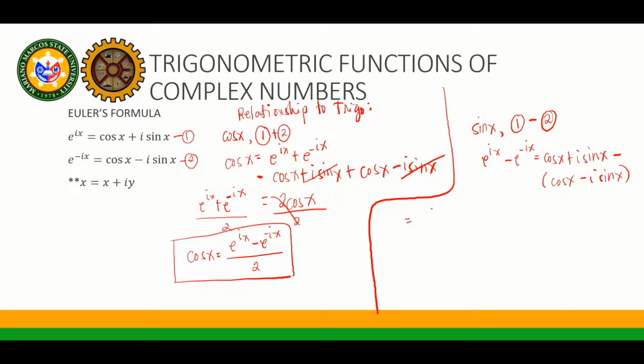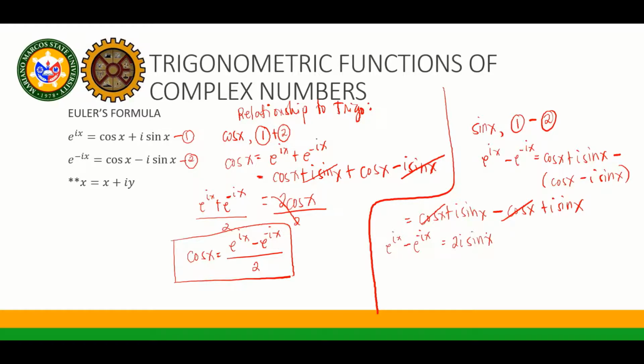Let's continue here. This will be equal to cosine x plus i sine x and then minus cosine x, then negative times negative, that is positive i sine x. So, this time, cosine x will cancel and we will be left with e raised to ix minus e raised to negative ix is equal to 2i sine x.